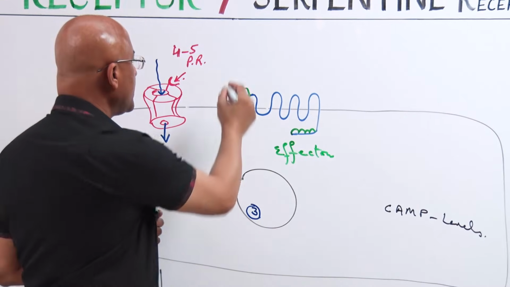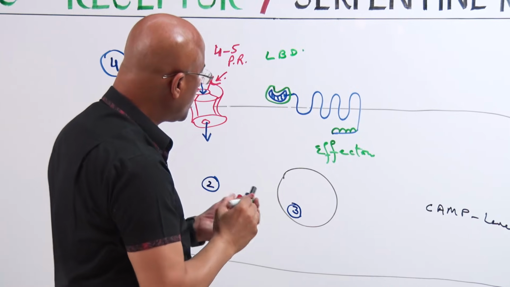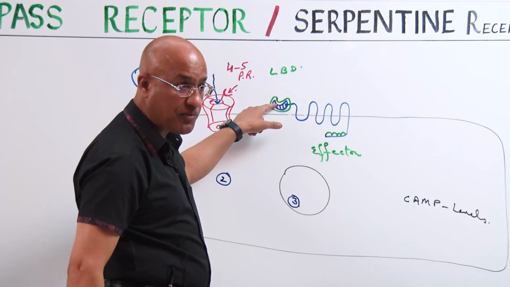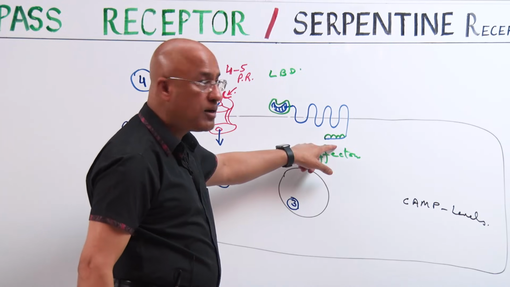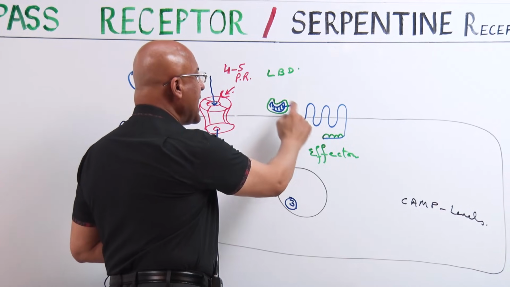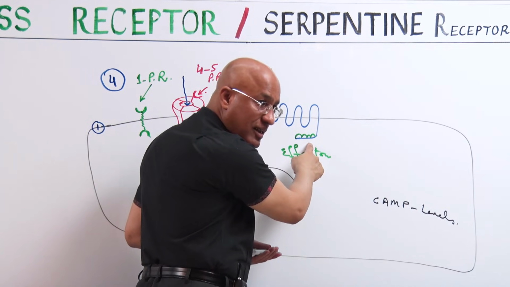This peptide has one pocket outside where a specific ligand can bind, and one tail inside. Usually this peptide has the amino end outside and the C terminal inside.